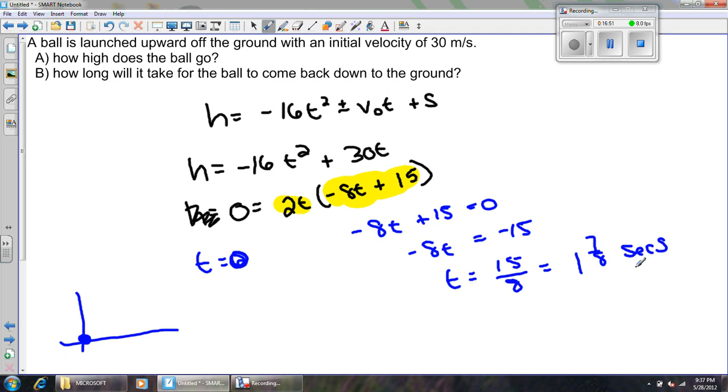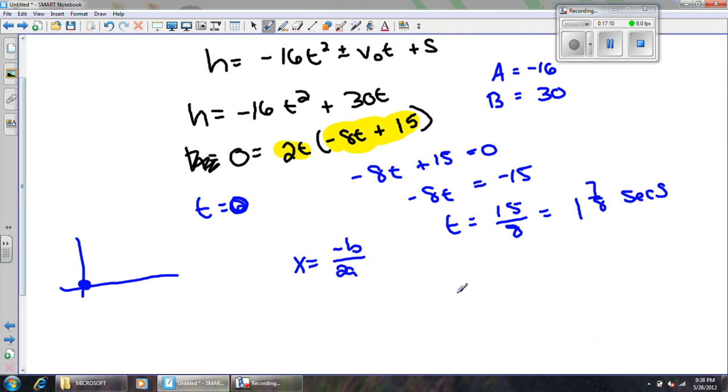Now, how high is it going to go? That's a vertex question. Remember, for the vertex, I need x equal to negative b over 2a. In this problem, a is negative 16, b is 30, c would be 0, but it's not relevant. So I'm going to do negative 30 over 2 times negative 16.